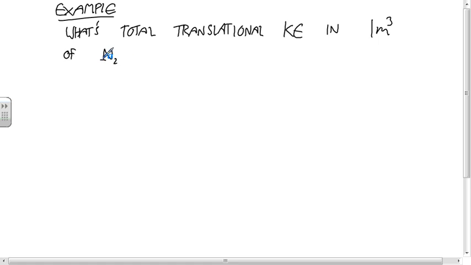Remember that air is basically 80% nitrogen gas. So basically I'm calculating what's the total translational kinetic energy in a cubic meter of air at 1 atmosphere and room temperature, 21 degrees Celsius.